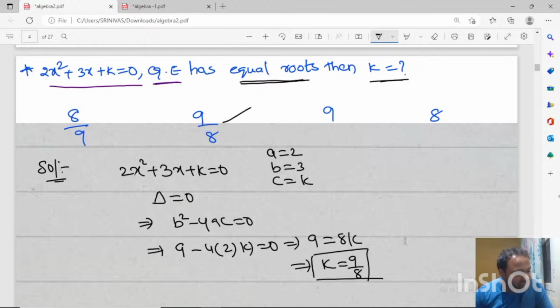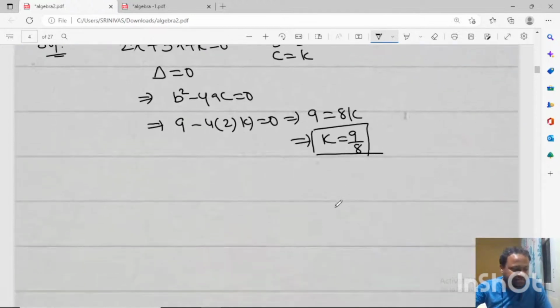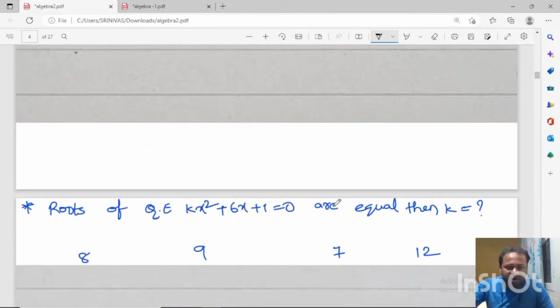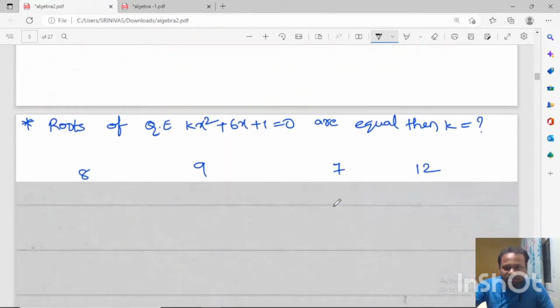Yes, everybody said it: Darakshan, Usharani, next Suvarna, Jyoti, Rekha as well as Jaya Padma. So everybody said the correct answer. Now let me move on to another question. Roots of the equation are equal.